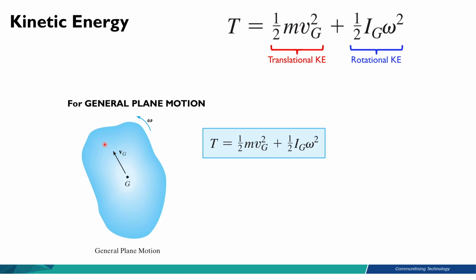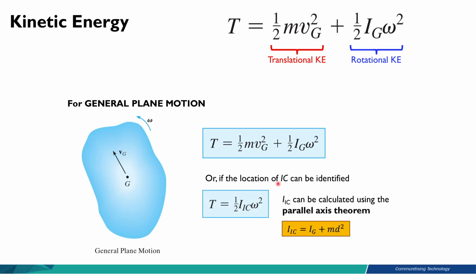And remember from our previous lesson, for general plane motion, if we are able to locate the IC, the location of instantaneous center of zero velocity, then we can calculate the kinetic energy of the rigid body about IC. And remember, IC is as if the rigid body is making a pure rotation about IC. So now T can also be calculated using half I_IC omega square.